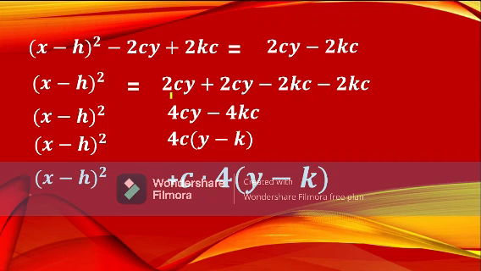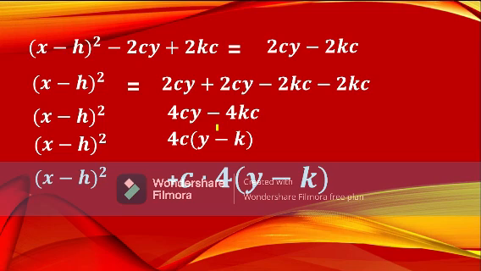It becomes positive 2cy plus 2cy. We just arrange, like write the terms with the same literal coefficient. Then minus 2kc, copy minus 2kc.